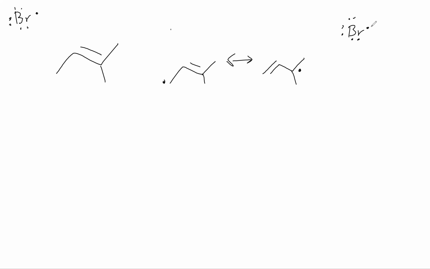Remember that when we talk about these resonance structures, they don't exist as separate resonance structures. They exist more as a hybrid. So we have kind of a double bond here, and a half radical here and a half radical here. So it's a 50-50 shot which one of these radicals the Br picks.